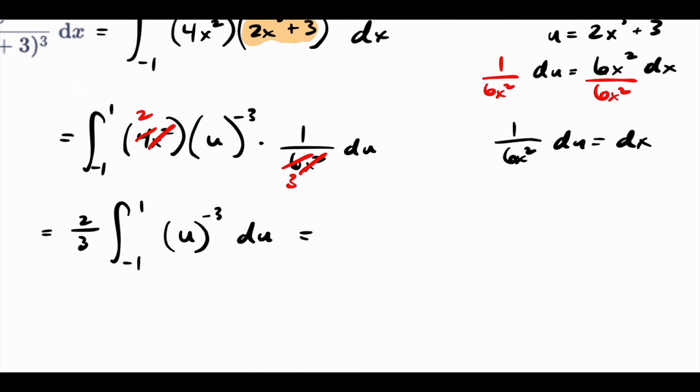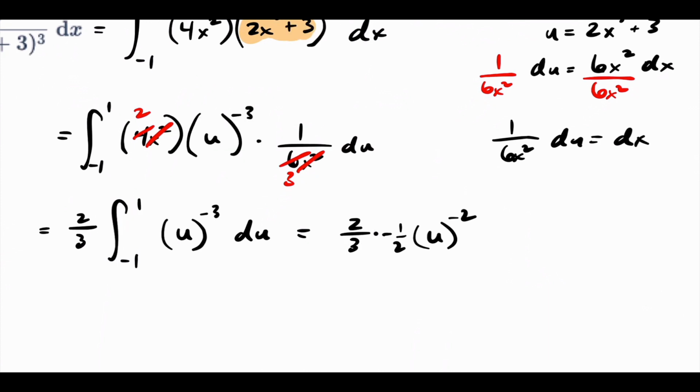Now I can do my antiderivative. Add a power, divide by that new power. So I have 2/3 times, if I add a power, I get -2. Divide by -2 or multiply by -1/2. Here's the difference. I'm not going to have to put a plus c. I don't put a plus c because these have bounds.